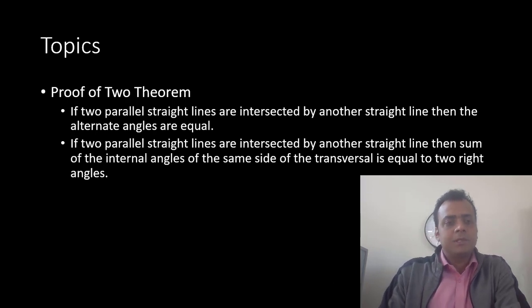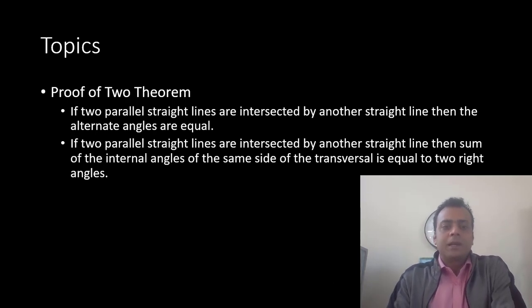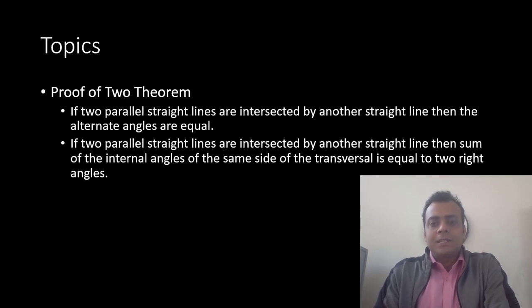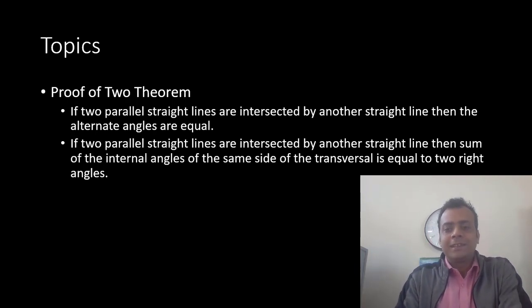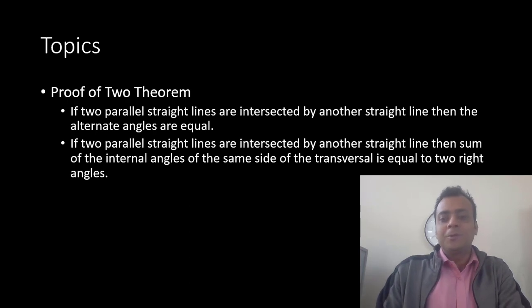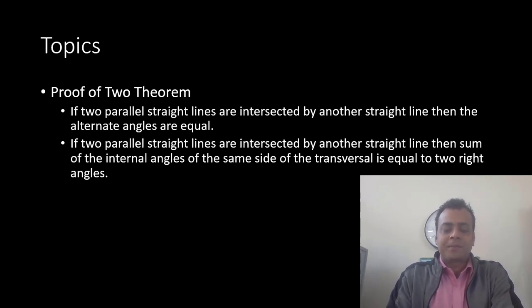And another theorem is, if two parallel straight lines are intersected by another straight line, then the sum of the internal angles of the same side of the transversal is equal to two right angles. That is, the sum of the internal angles of the same side of the transversal is equal to two right angles.